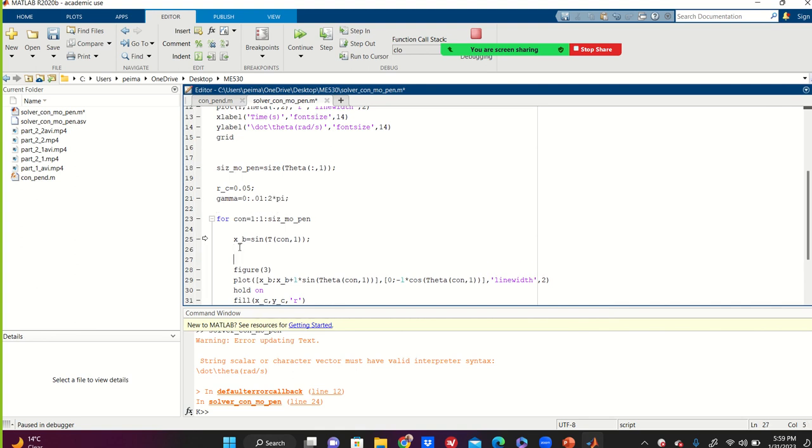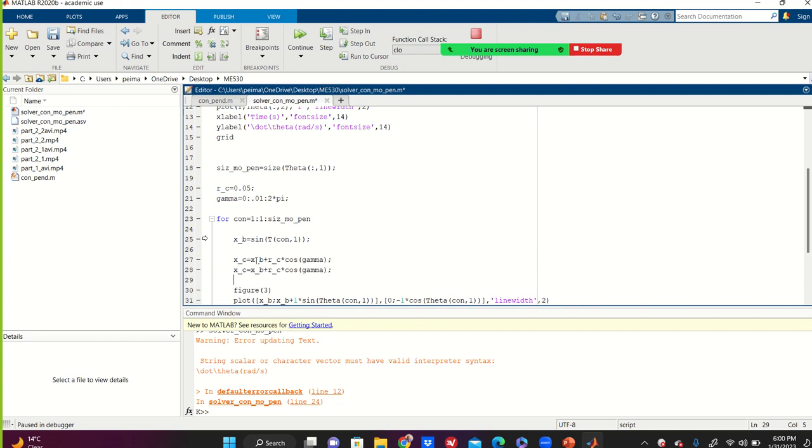Now we are doing X of the circle. It is X of B, exactly frame by frame, plus R of C multiplied by cosine of gamma. Gamma has to be all of that because we are covering all the radians. See what I'm saying?